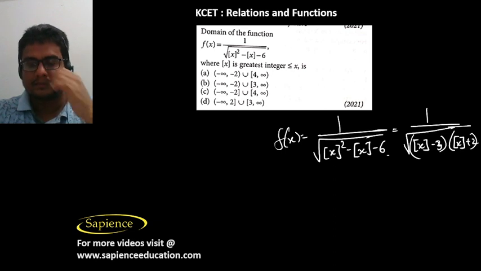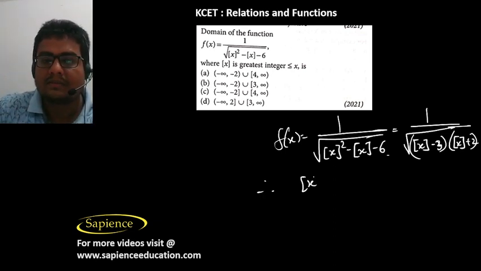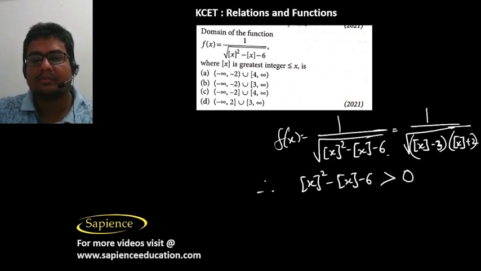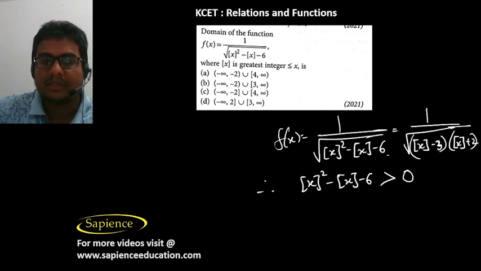So now therefore this bracket x whole square minus bracket x minus 6, that should always be greater than 0. It should not be equal to 0 also, and it cannot be negative also. Since else the square root of that will become imaginary.